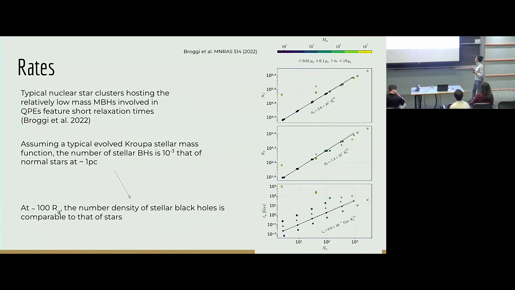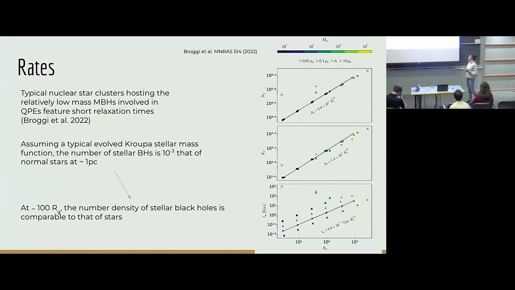You can see here the number of stellar black holes and the number of stars calculated at 1 parsec. This is 10 to the 6, so 10 to the 6 is here, and you can see that at 10 to the 6 the ratio between the two is more or less 10 to the minus 3, so stellar black holes are less common.